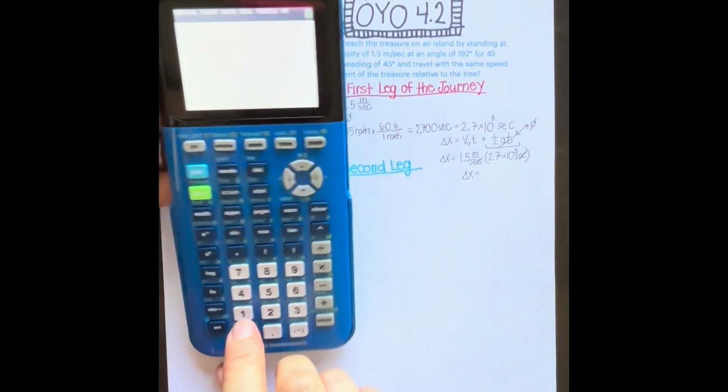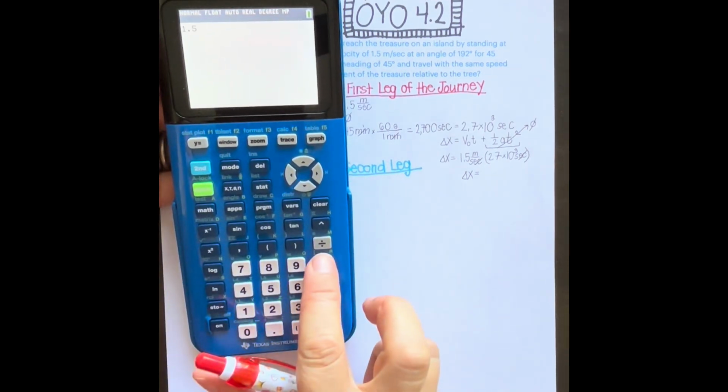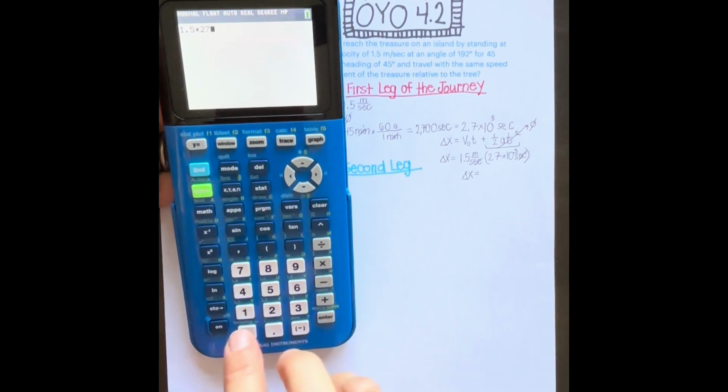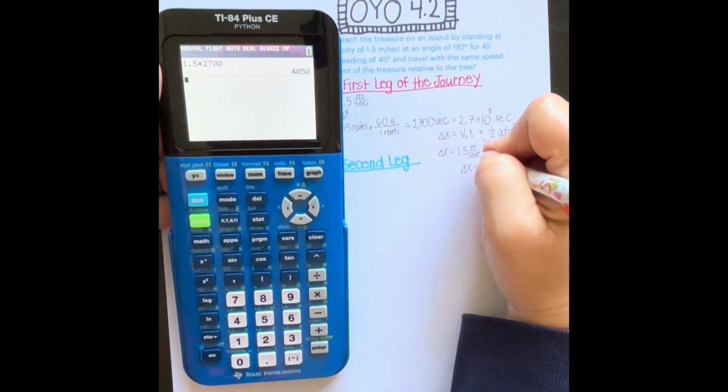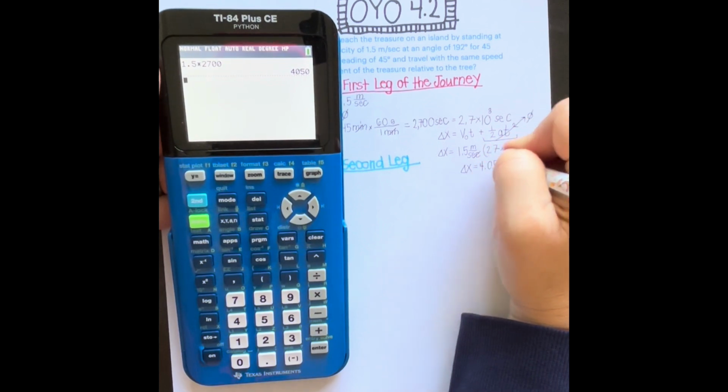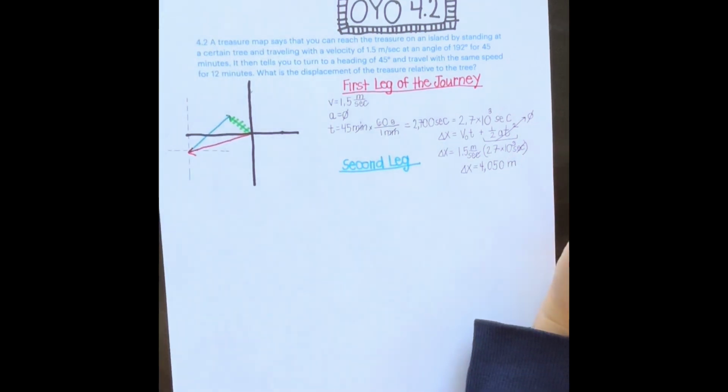let's get our calculator. We have 1.5 times 2700. We get 4,050 meters. We know that's too many significant figures.